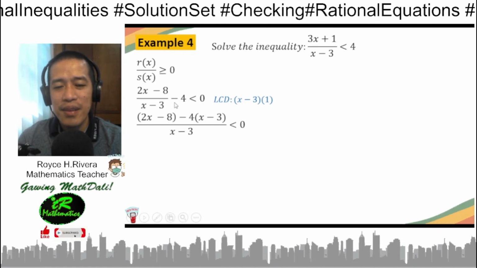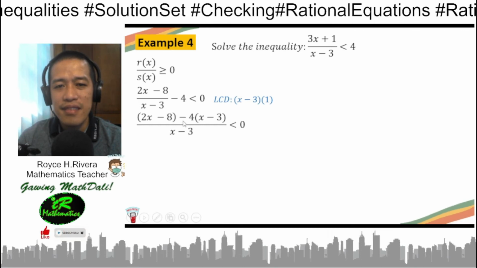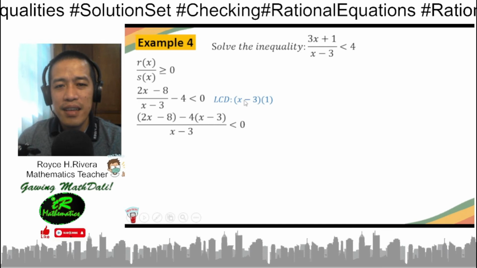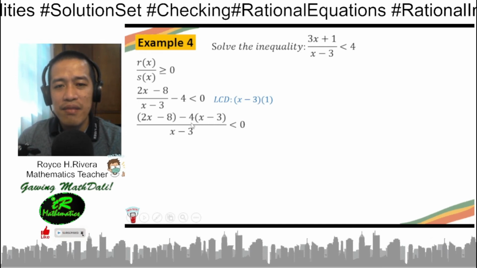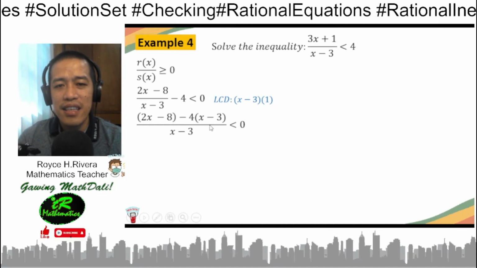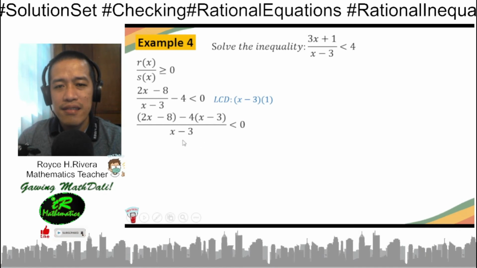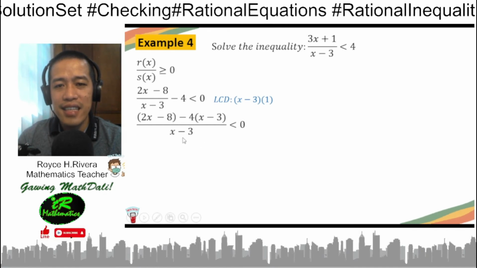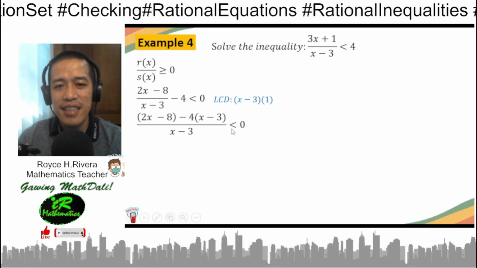Then we copy the operation minus 4 times the LCD is just equal to 4 times the quantity x minus 3. Then all over the LCD, that is x minus 3 less than 0.